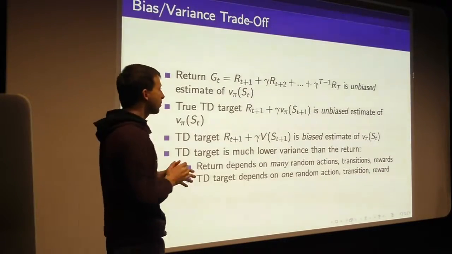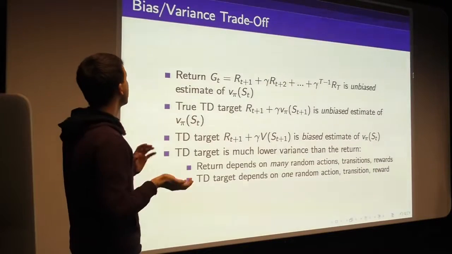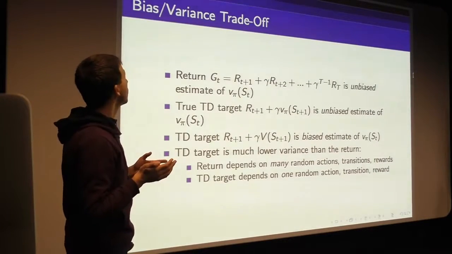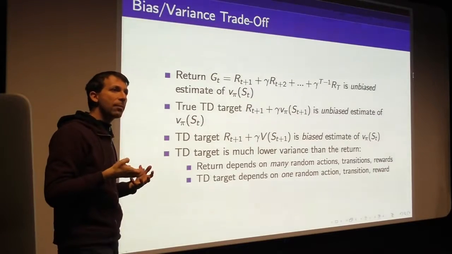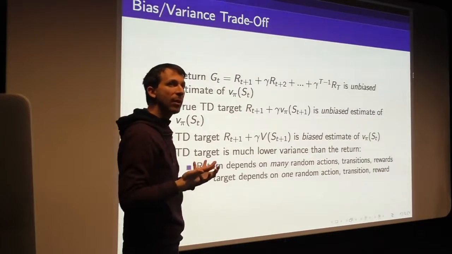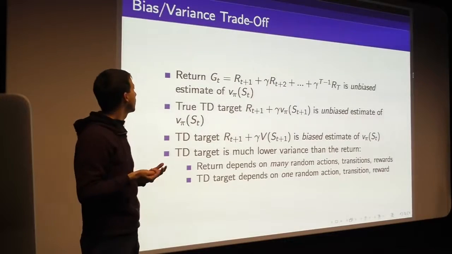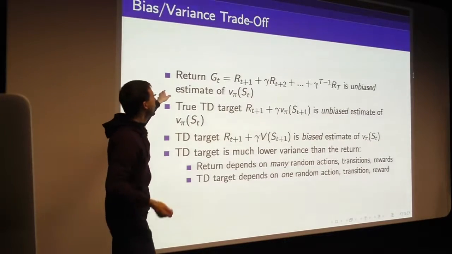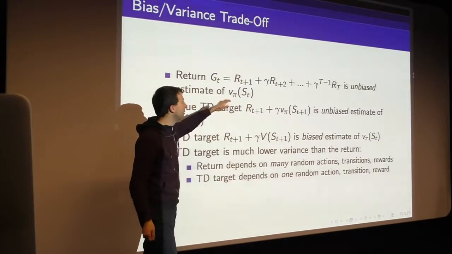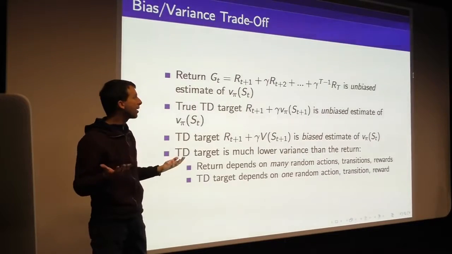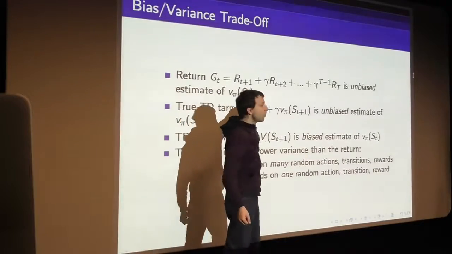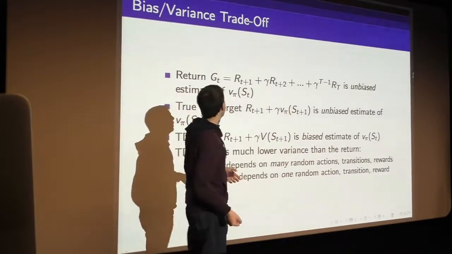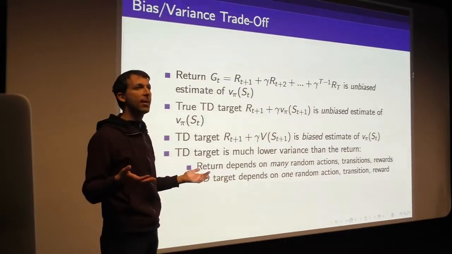Okay. So we're trying to understand the pros and cons of TD compared to Monte Carlo. One other issue, which is a major difference between the algorithms, is the bias-variance trade-off. In Monte Carlo, we use the return, this whole sequence of rewards that we actually sampled from our MDP, and that's an unbiased estimate of the value function.